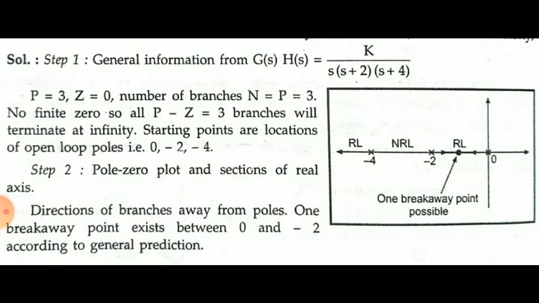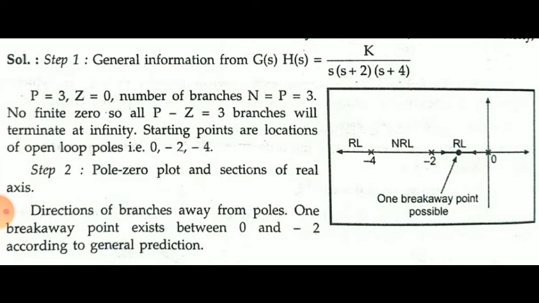Then for a point in between -2 and -4, on the right hand side you can check there are 2 points, which means an even number. So the section between -2 and -4 will not be on a root locus. So here it is written NRL, not on a root locus.